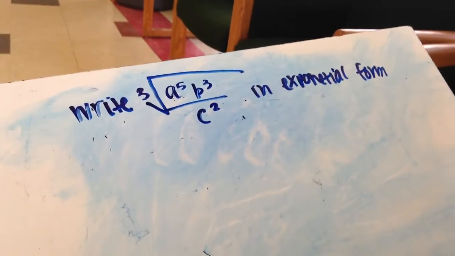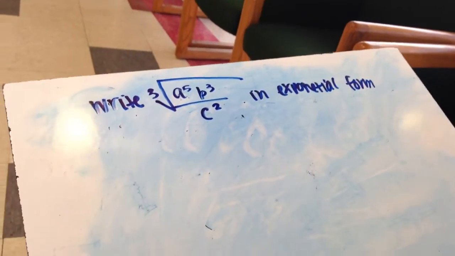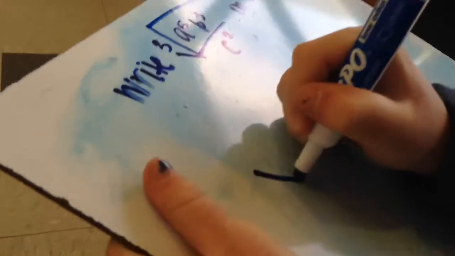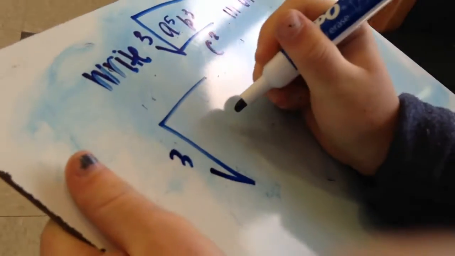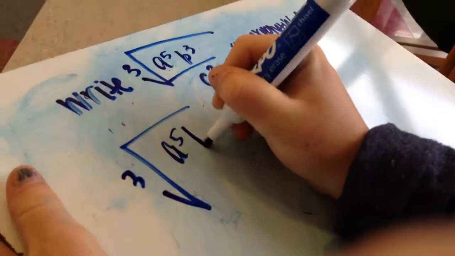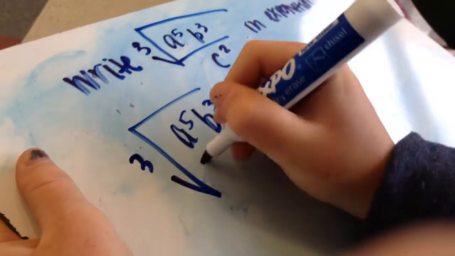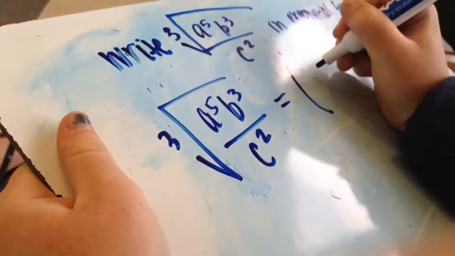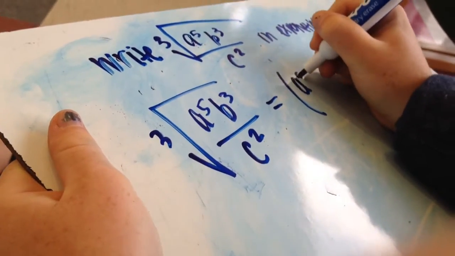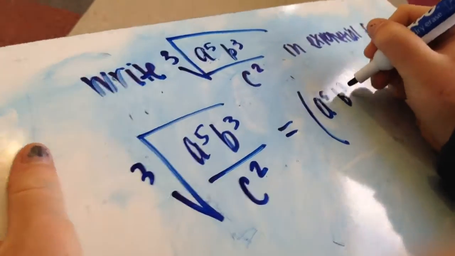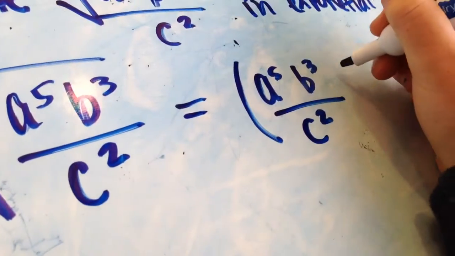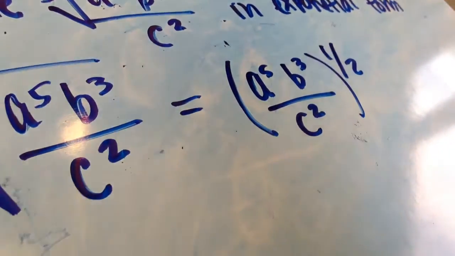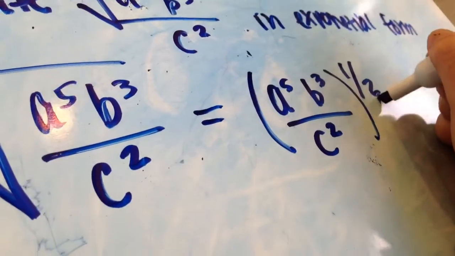Write the cube root of a to the 5th, b to the 3rd over c squared in exponential form. So our first step is going to be take the cube root of a to the 5th, b to the 3rd over c squared, which equals a to the 5th, b to the 3rd over c squared to the 1/3, because that's the same thing as this. That's a 3.